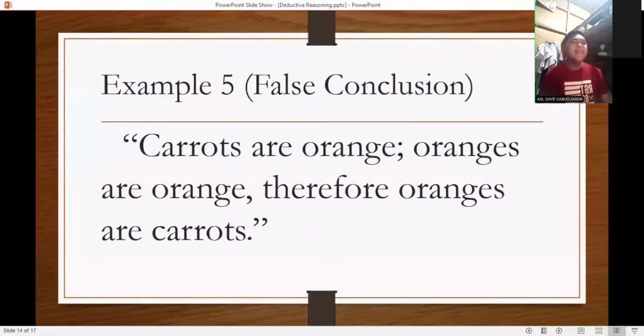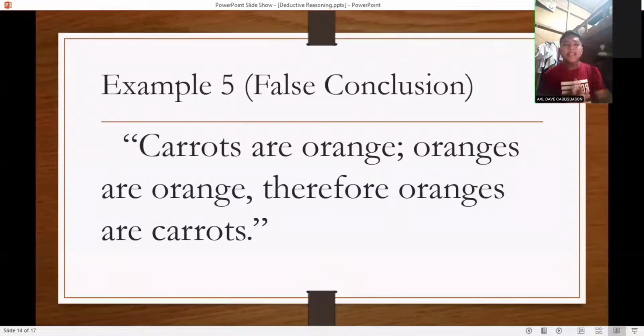Example number 5, which has a false conclusion statement. Carrots are orange and oranges are orange. Therefore, oranges are carrots. So that's the reason why it is a false conclusion, because of the relationship between the two premises, the major premise and the minor premise.